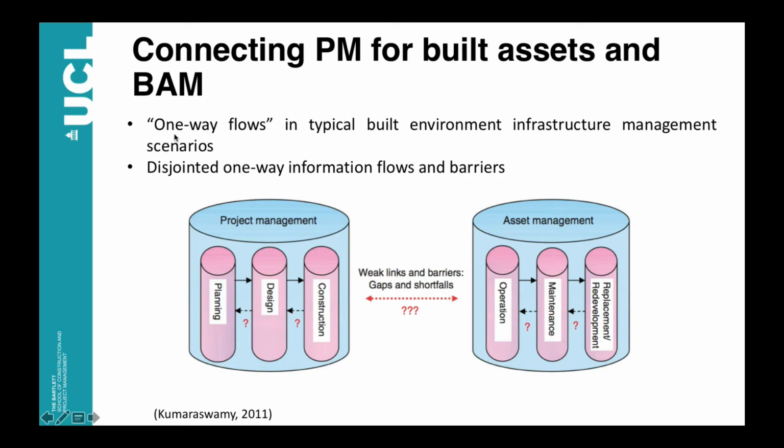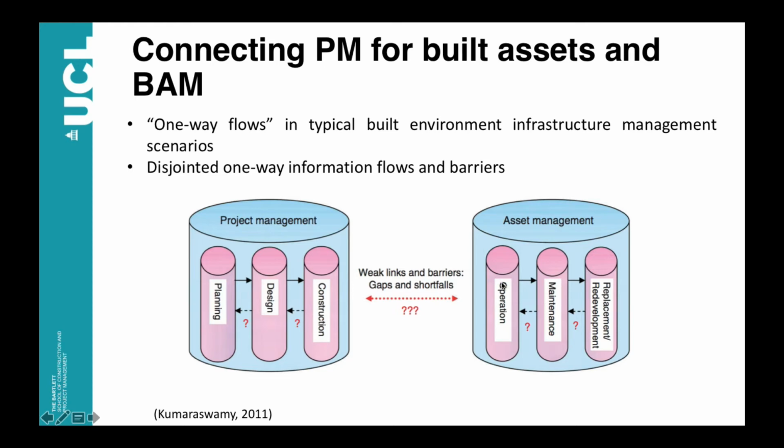Also, the information is just a one way flow. As you can see, the different stages go from planning to design to construction, and then we find the weak links and different barriers which represent gaps and shortfalls between the project management and the asset management.